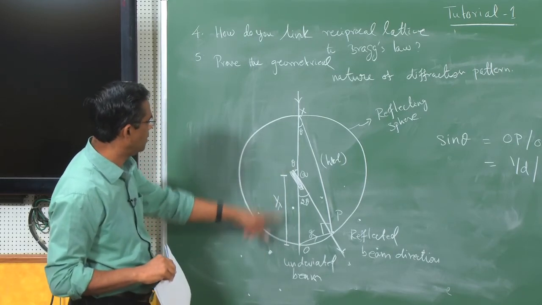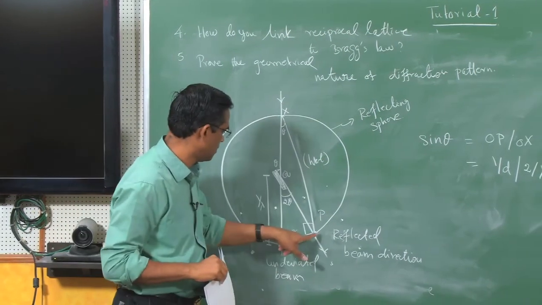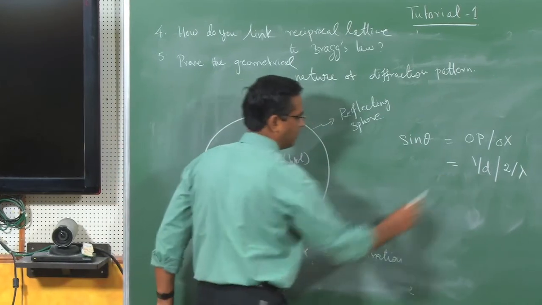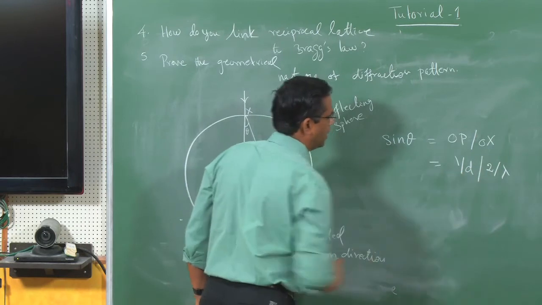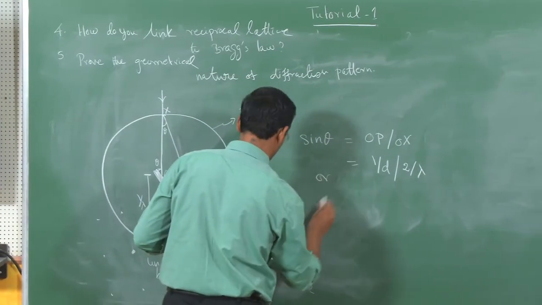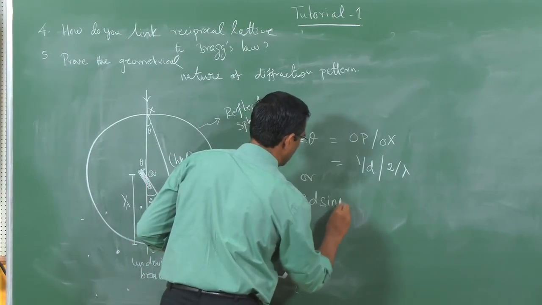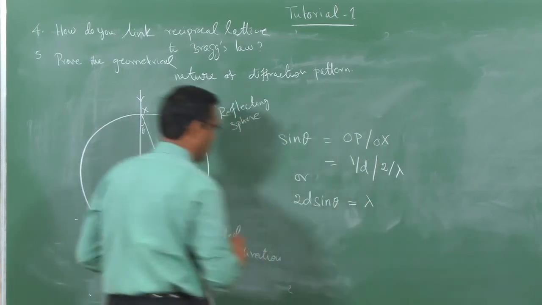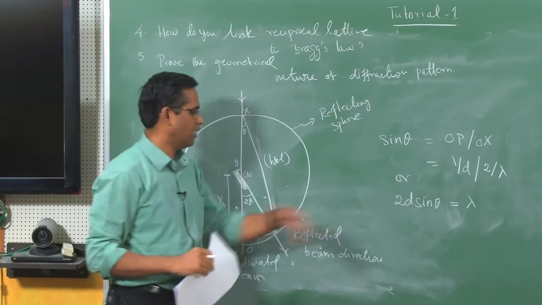This is 1 by lambda, this is 2 by lambda. OP is the G vector, G is reciprocal to the d spacing, G is equal to 1 by d. So, this is 1 by d by 2 by lambda, or you can write 2d sin theta is equal to lambda. So, what are we getting? We are getting finally the Bragg equation.